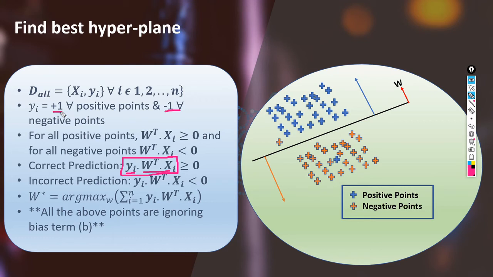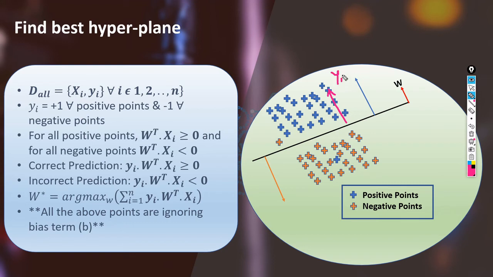So that is why this yi W transpose xi is called the signed distance. Now that is the more important thing. This signed distance is actually forming the logistic regression optimization function. So just imagine, this is a positive point, so its distance will be greater than zero. W transpose xi will be greater than zero, and it's actually a positive point, right?